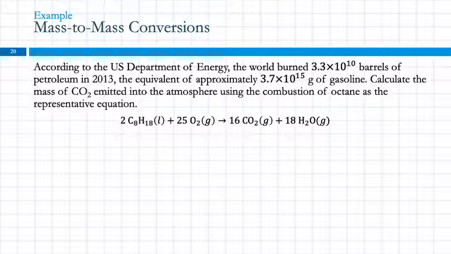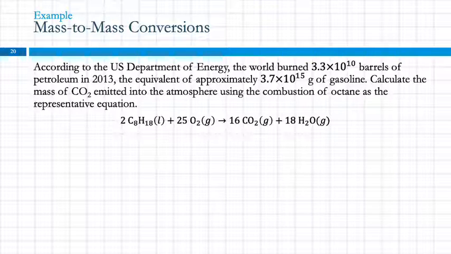Do you see how many approximations are in this? So the Department of Energy says the world burned 3.3 times 10 to the 10th barrels of petroleum. Is that an exact number? Heck no. It's got two significant figures for a reason and a whole bunch of zeros after that. That's an estimate.